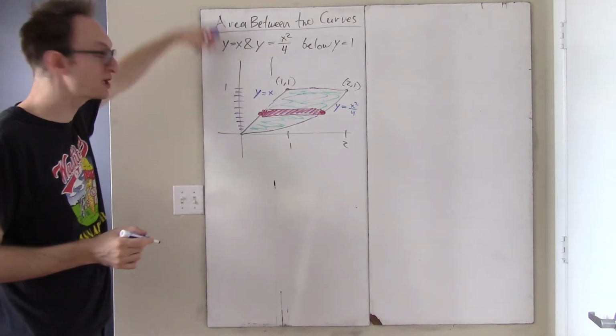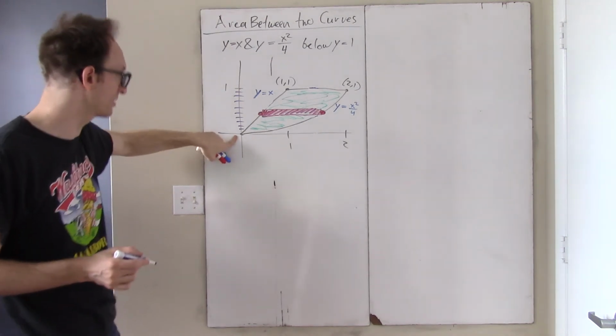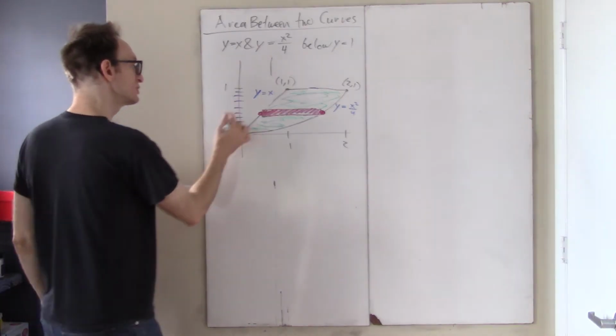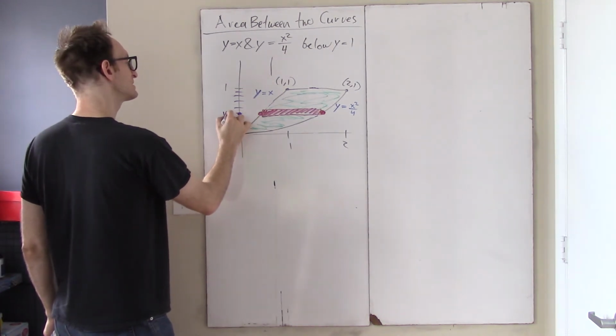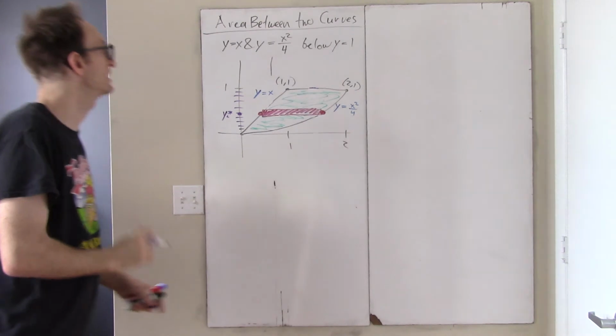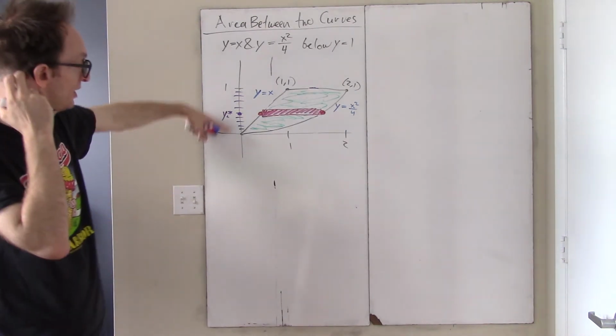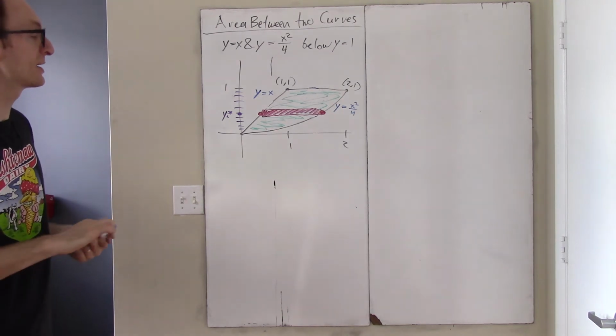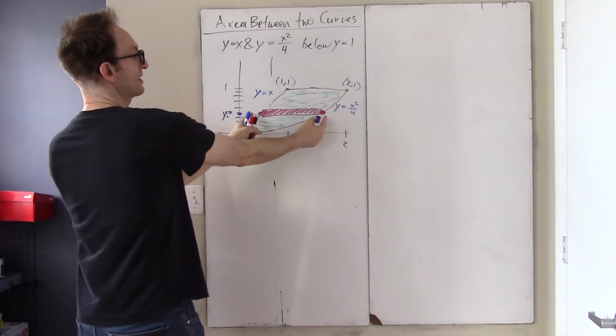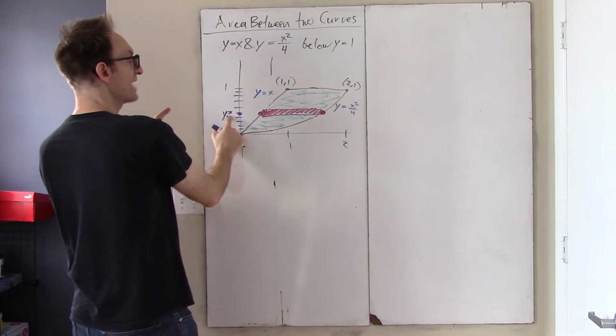In other words, I'm partitioning the y-axis from y equals 0 to y equals 1. I am choosing a sample point, y sub i star, from the ith subinterval along the y-axis, and now I am going to express the length of this rectangle in terms of that y.